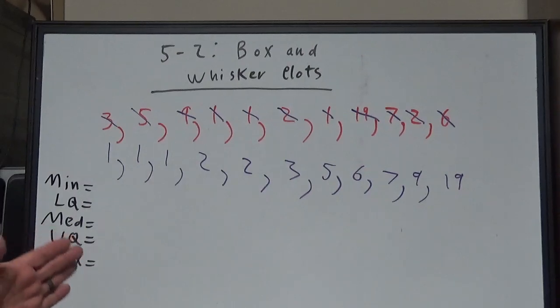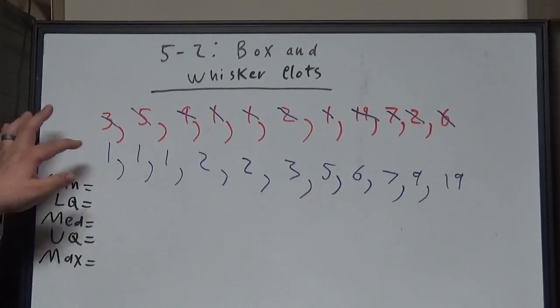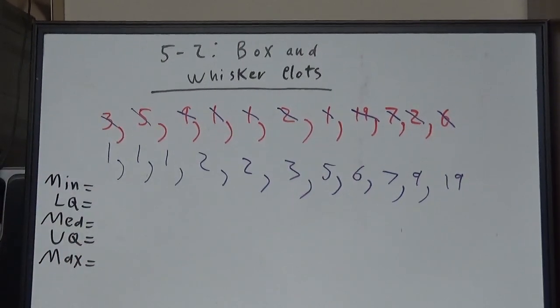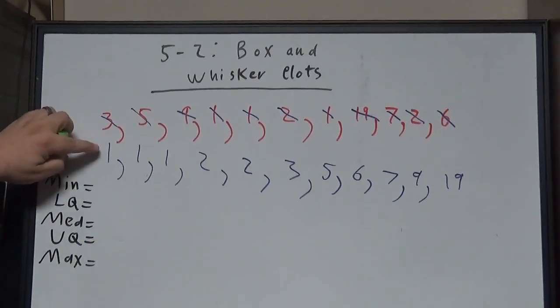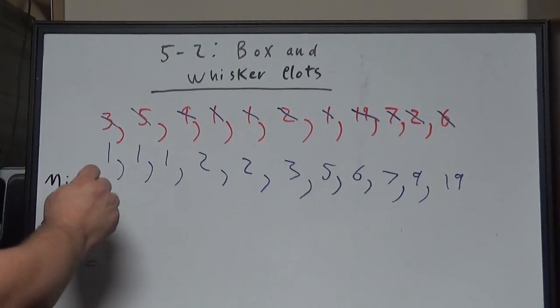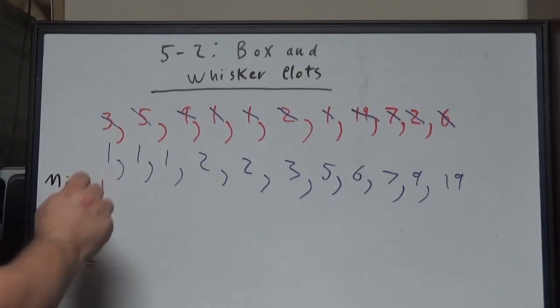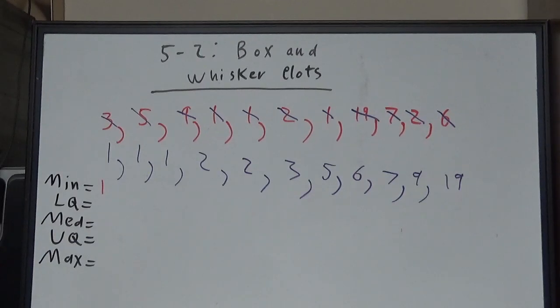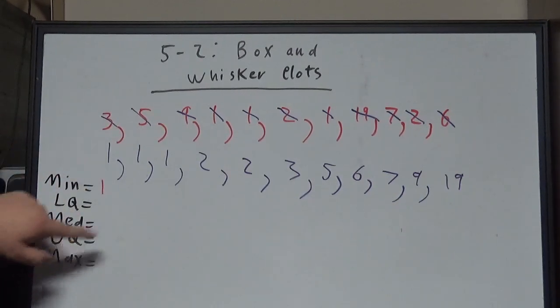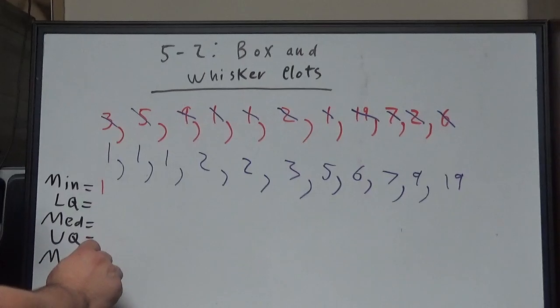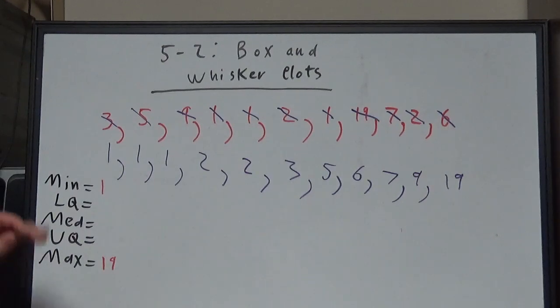So the minimum to start with, the minimum is the smallest number. Just what it sounds like. The smallest number we have is a 1. Minimum is 1. That's our smallest number. And our maximum is our largest number, 19. Those are the easiest 2 things you can find.